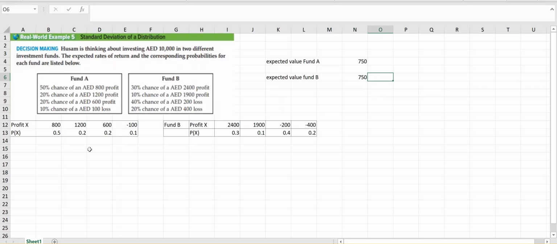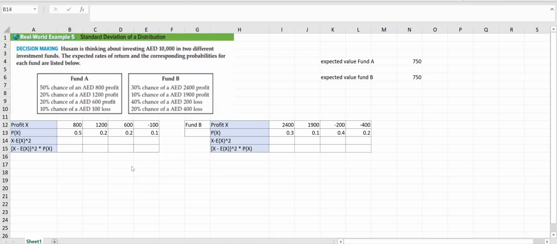Now we need to find the standard deviation. To do that, we're going to add some extra columns to our table. I put in the formula here. This is our value of x, which is our top row, minus our expected value, squared.